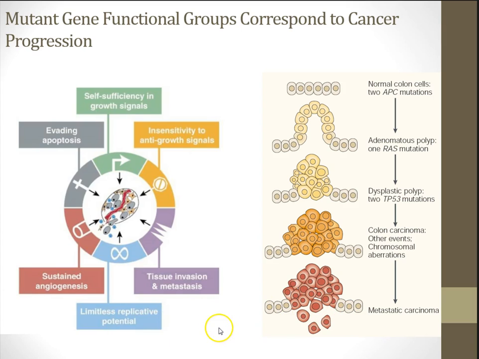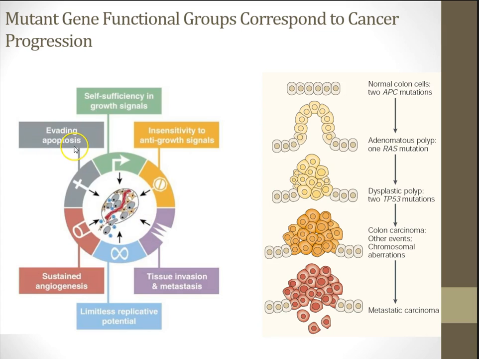Some of these superpowers are the ability to invade, so remove itself from its original site. Of course, it must obtain limitless replicative potential. We also see in more aggressive types of tumors sustained angiogenesis, where it is recruiting blood vessels into the tumor in order to feed itself.